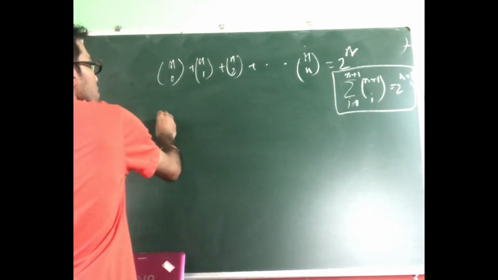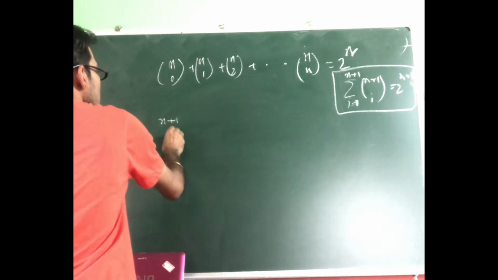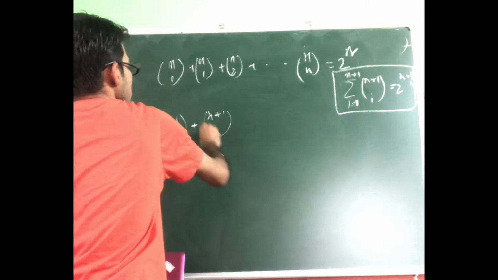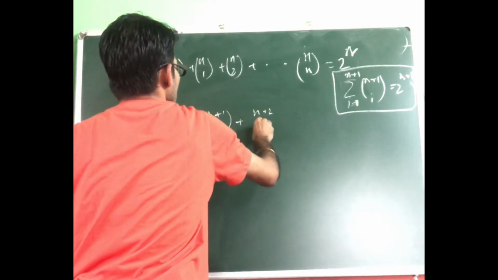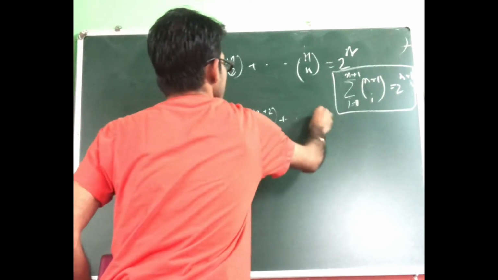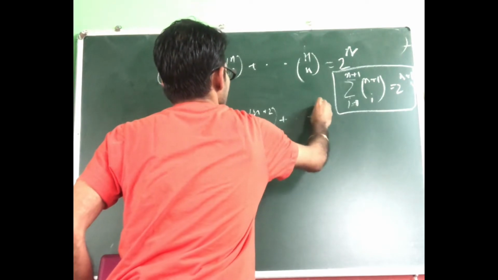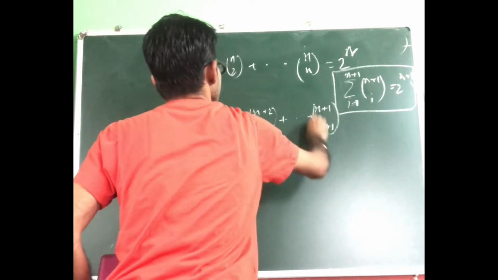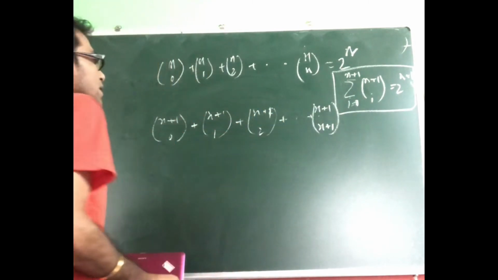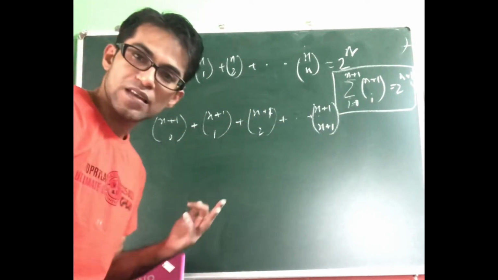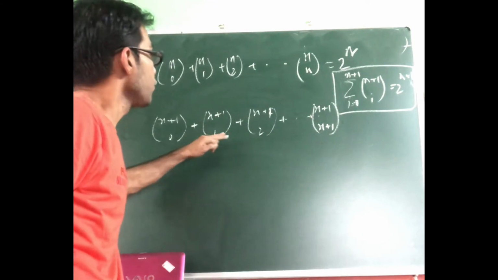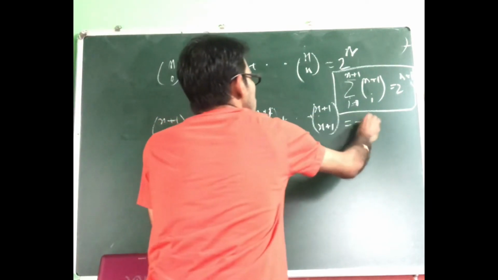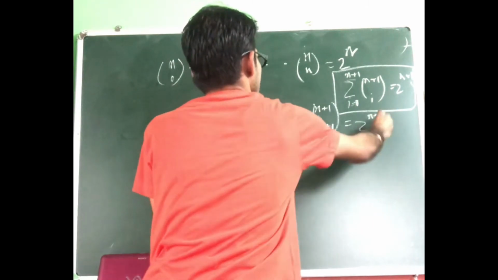So this becomes C(n+1,0) plus C(n+1,1) plus C(n+1,2) all the way, and then here I've got C(n+1,n) again and C(n+1,n+1) again. This is how it's going to look. Then again, in order for me to prove this is equal to 2 to the power n+1, that's what I am required to prove.